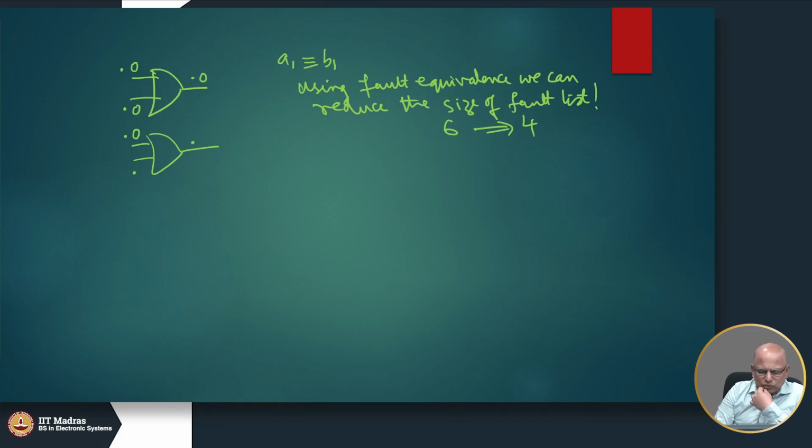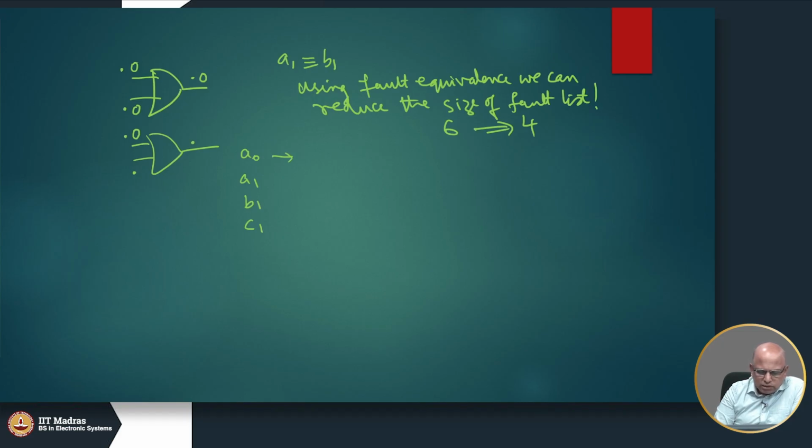Let us do a little bit more. Let us take this OR gate. We are left with A0, A1, B1 and C1. So, let us write down the test vector for A0.